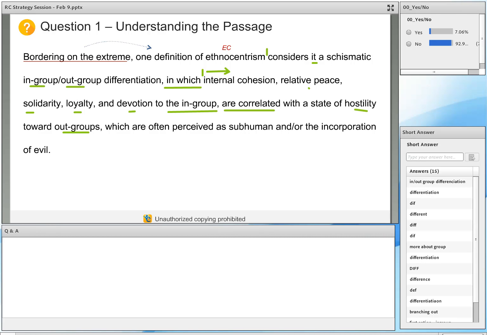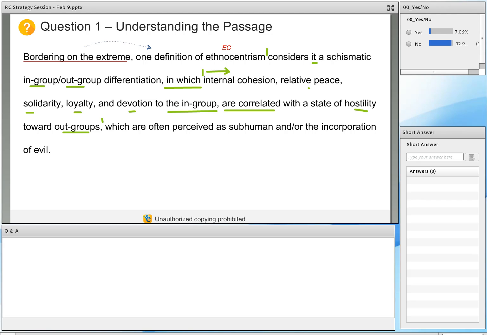Okay, so that's the differentiation that's being talked about. Now, there are many words over here. This part itself forms about 70 to 80% of the passage. Now, how are you going to summarize internal cohesion, relative peace, solidarity, loyalty, and devotion? How are you going to do that?